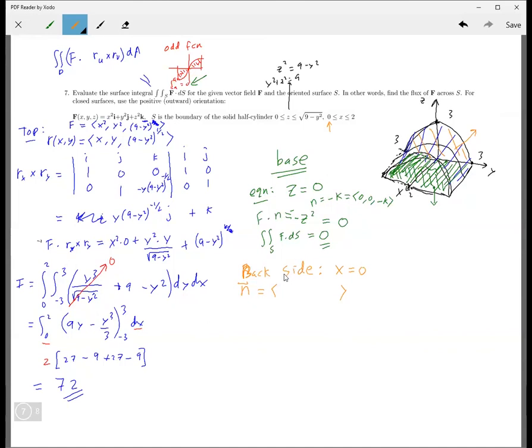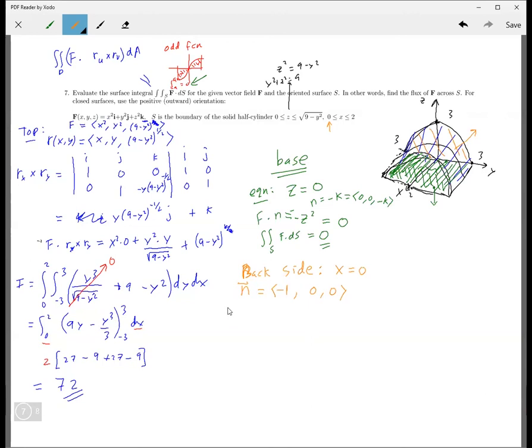Is it pointing in the x direction, y direction, or z direction? By the way, here's x, this is the x direction. Here's the y direction along the y-axis. Here's the z direction. Yes, it's pointing backwards in the x direction, right? So that's it right there.